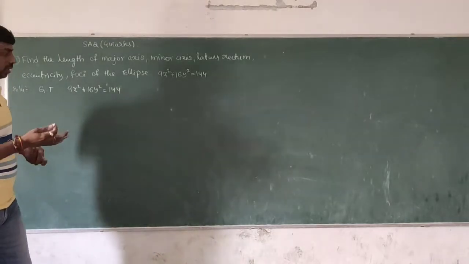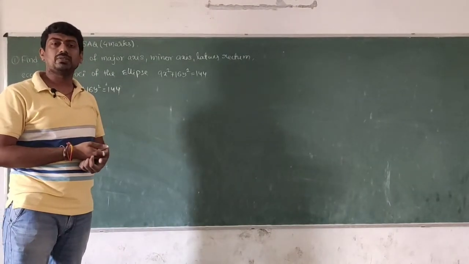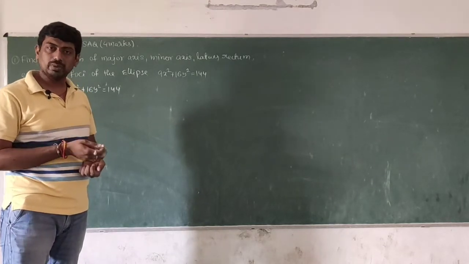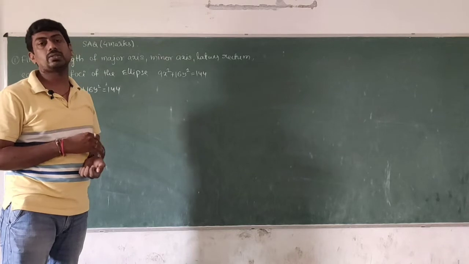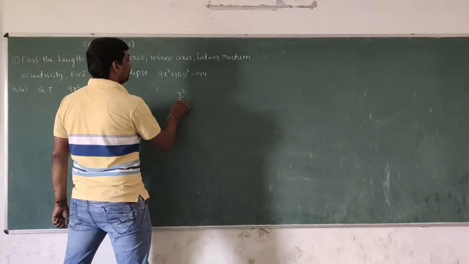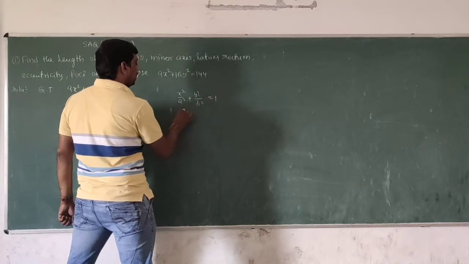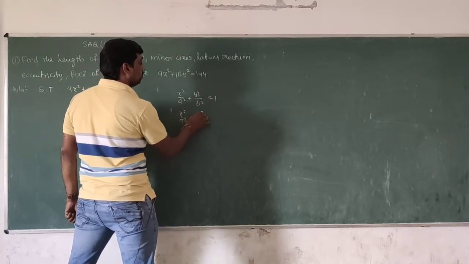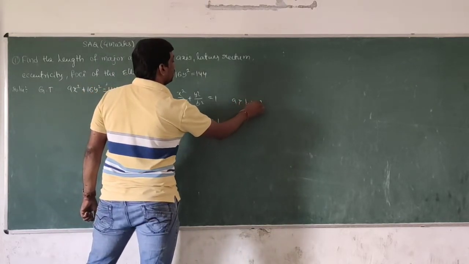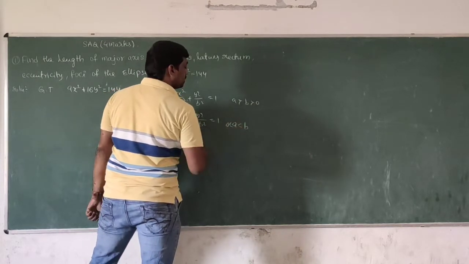Just recap the four cases of the ellipse equation. First case is x square by a square plus y square by b square equal to 1. Second case is also the same, but in case 1, a greater than b. Here a greater than b greater than 0. Here 0 less than a less than b.